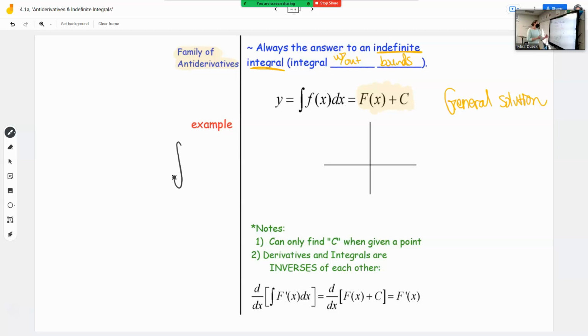So let's say I was to antiderive something like 3x. My antiderivative would be, Josh Yang, use that rule that you said today. What would that antiderivative be?